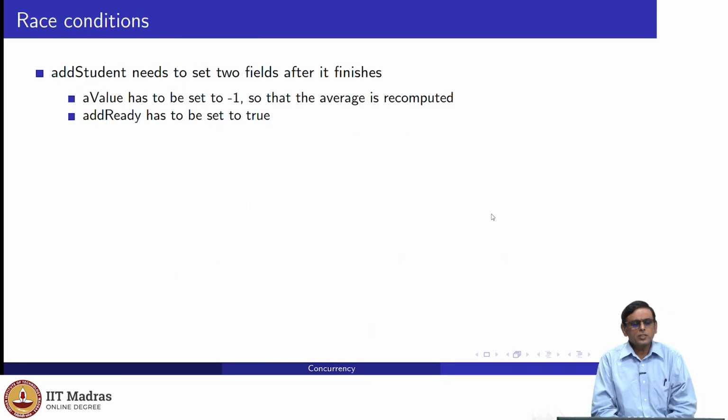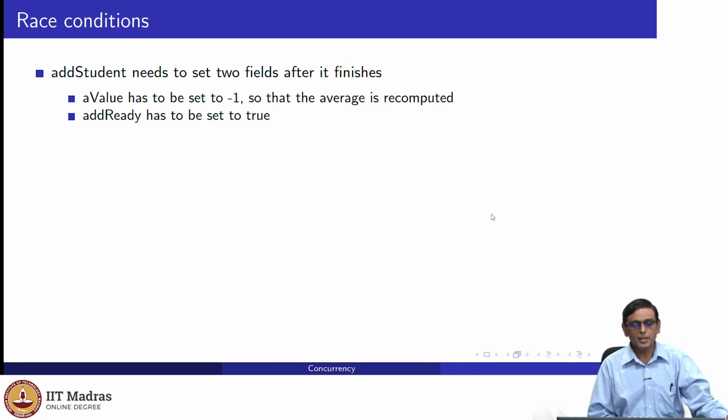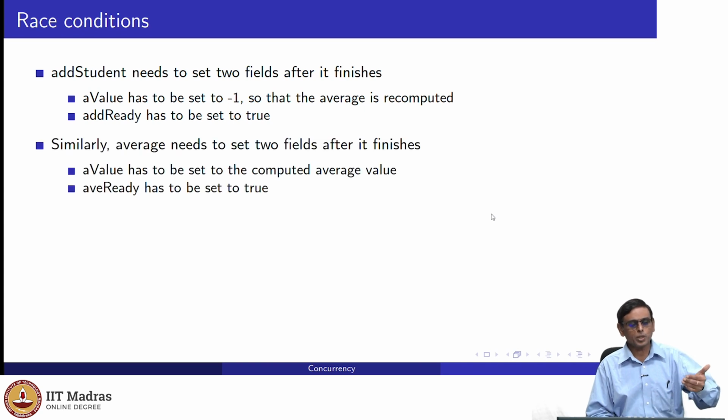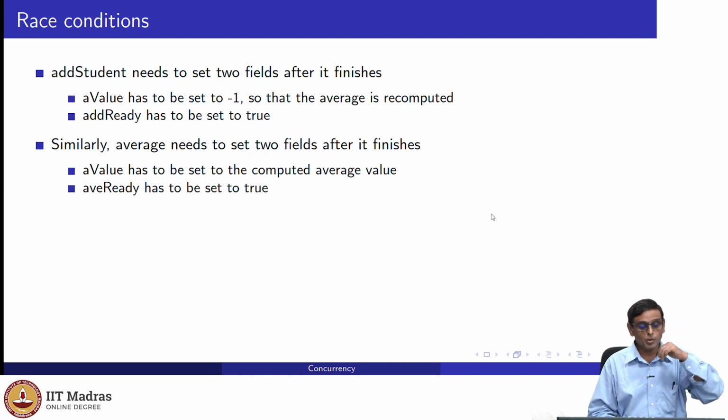Now, add student has two things to do, right? One, it has to set a value to -1, and then it has to set add ready to true. Strictly speaking, it can do this in any order, right? It really doesn't seem to matter. Similarly, average also has to set two fields after it finishes. One is a value and another is average ready. Both of them have to be set.